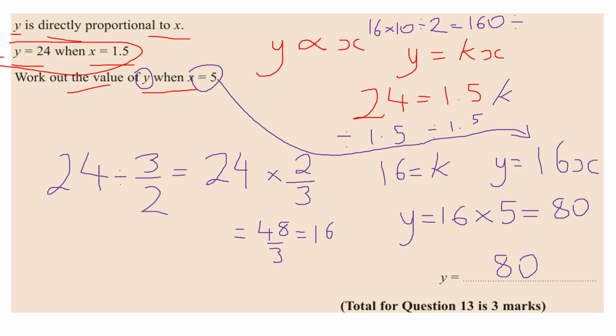Or we half 16, which makes 8, and then we times it by 10 and we get 80. Either way, I get the same answer, but timesing by 5 is the same as multiplying by 10 and then dividing by 2. That is a little trick for multiplying by 5 in your head.